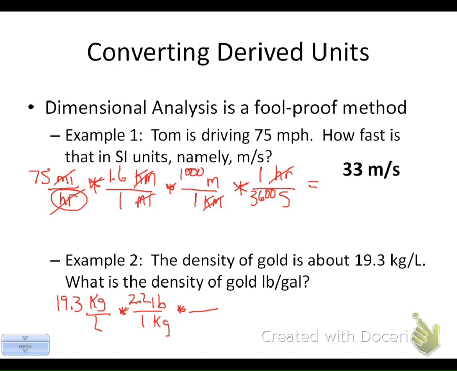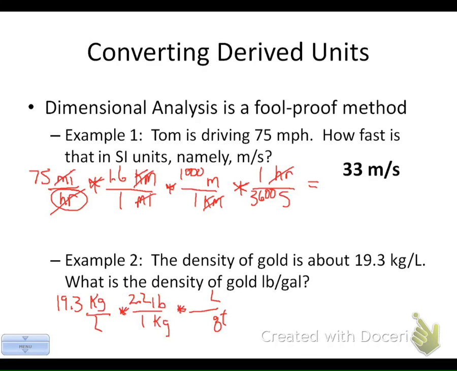Then to go from liters to gallons is tricky. Liters is metric, gallons is imperial. So I'm going to go from liters to quarts. In the real world, those two measurements are pretty close. I mean, they are really close. So you could approximate, let's say if you're in the grocery store, you could approximate and say that they are equal. In science, when you do measurements, that's not really good enough.